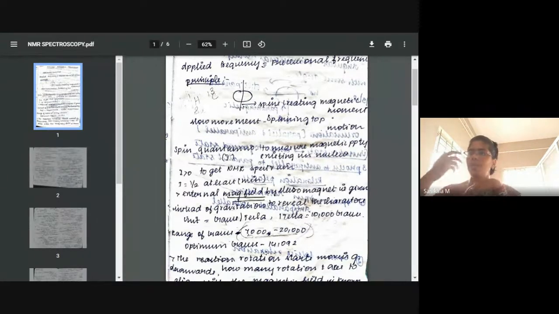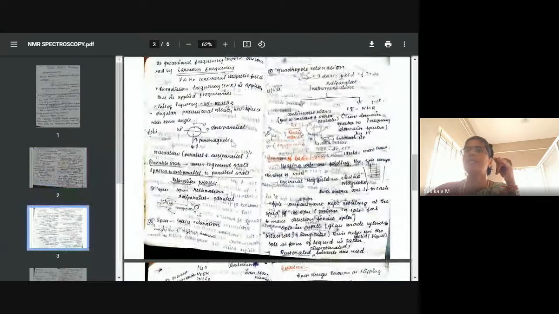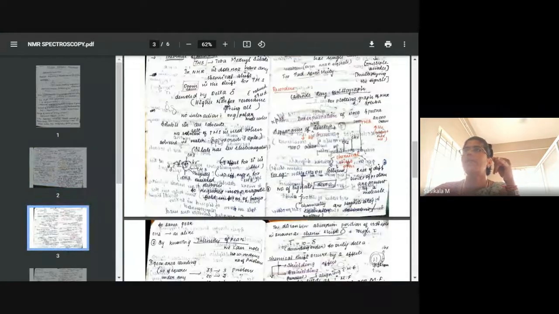So the spin will be changed. The nucleus gets an anti-parallel orientation when the radiation is absorbed. Then it relaxes through spin-spin relaxation, spin-lattice relaxation, and quadrupole relaxation.